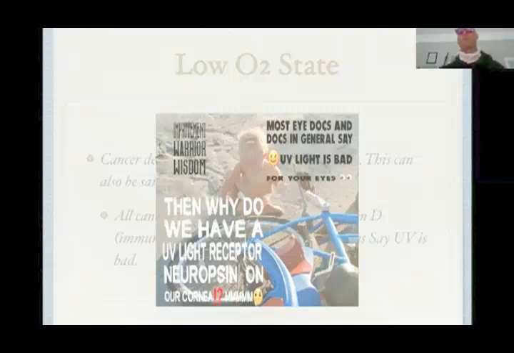Neuropsin absorbs approximately 3% of UVA light and approximately 1% of UVB light. So next time your doc says UV light is bad, wear sunglasses, tell them, nope, what about neuropsin, doc? That's our UV light receptor. And it's also in skin as well.